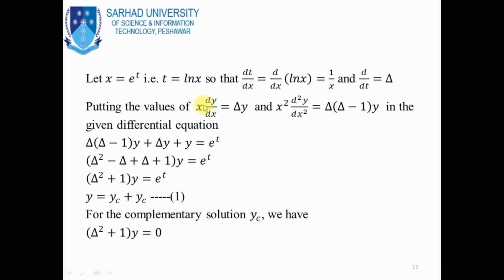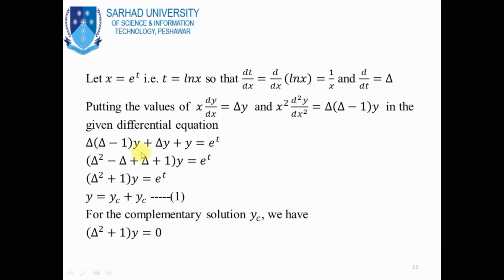Now putting this result, x dy by dx is del y, and x square d square y divided by dx square is equal to del into del minus 1 into y. In the given differential equation we obtain del into del minus 1 into y plus del y plus y is equal to e power t.